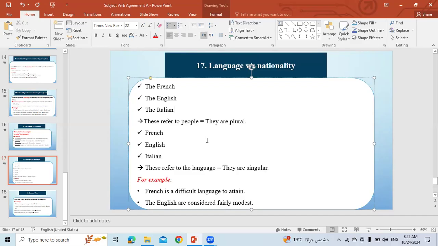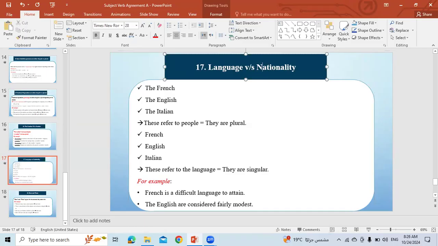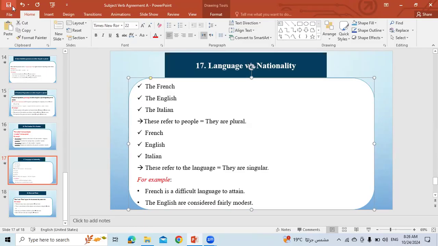The nation, so it's plural. So language versus nationality. Did you understand it? Let me repeat. You say English is a popular language. Here English takes is because I mean by it a language. But when you say the English are punctual, you refer to the English people, so it's plural.